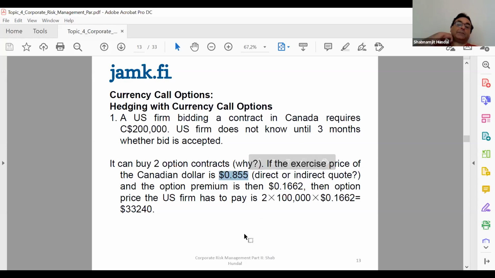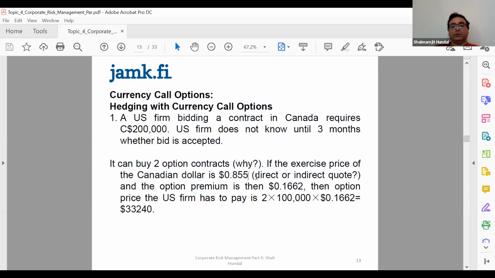So it means that you make a deal with the bank that, Mr. Banker, I need a Canadian call option for 200,000 Canadian dollars. And the rate which is offered to you is 1 Canadian dollar equal to 0.855 American dollar.